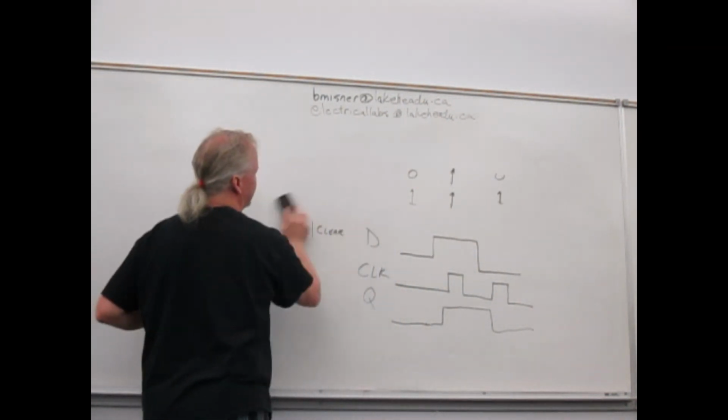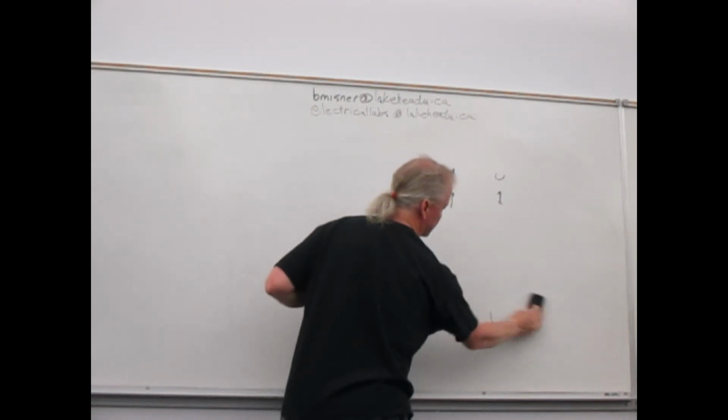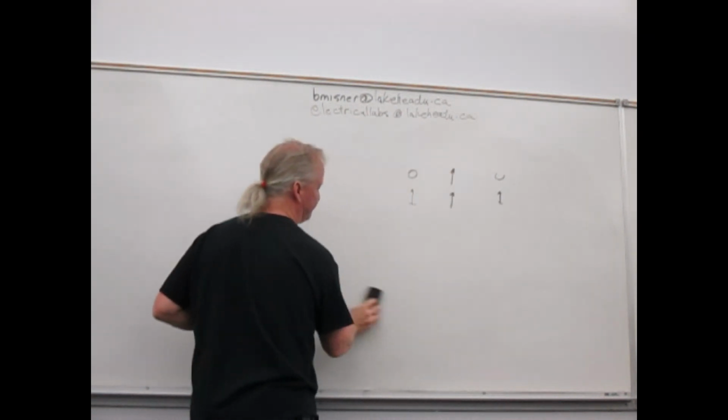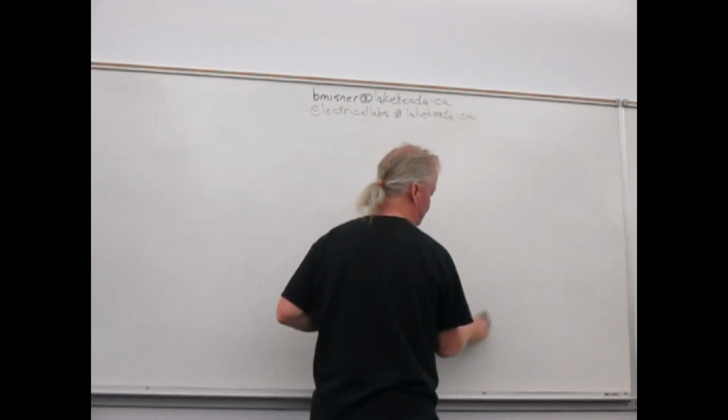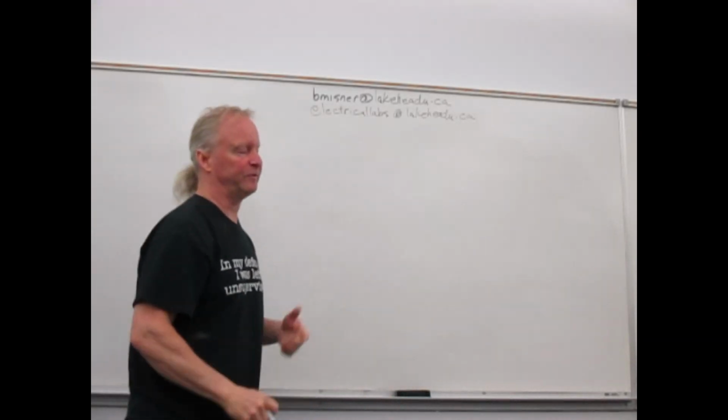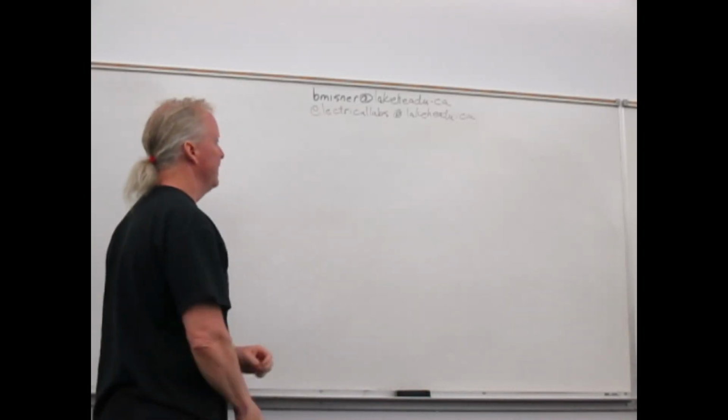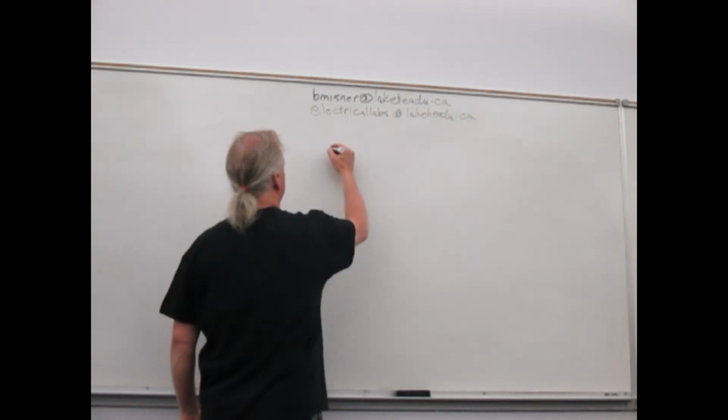Okay, so now let's look at the JK flip-flop. And in the lab, in my demonstration, that's what we're actually going to use as the JK flip-flop, okay? Okay, so the JK looks like this.